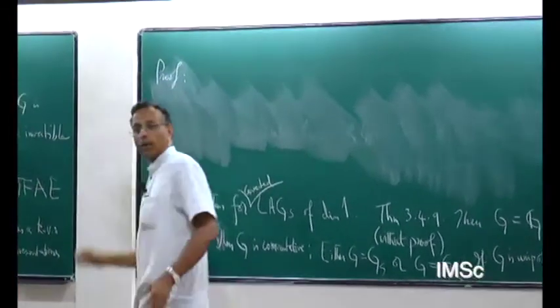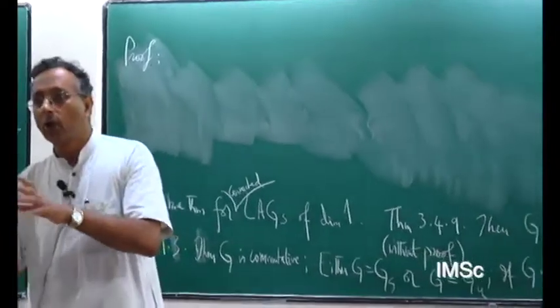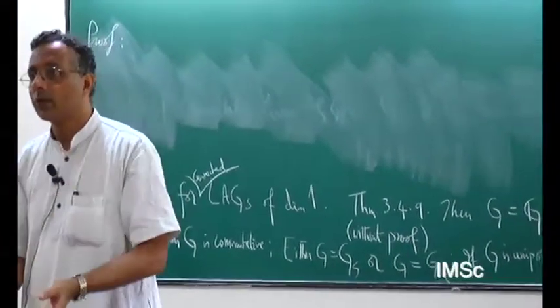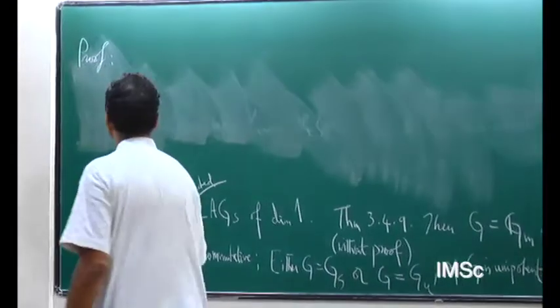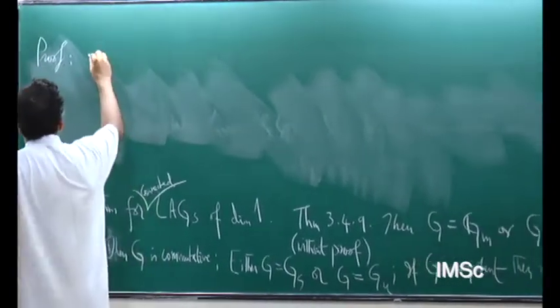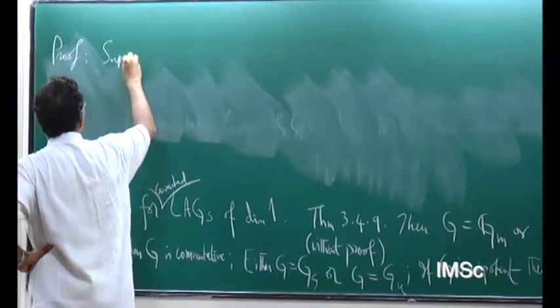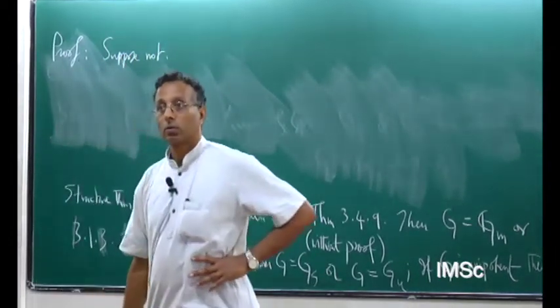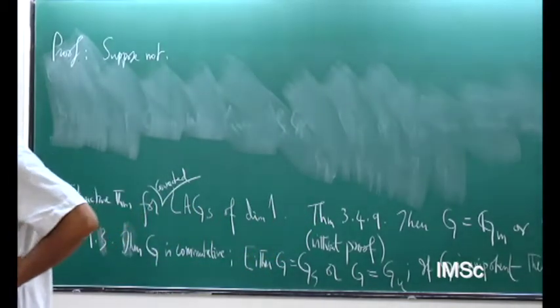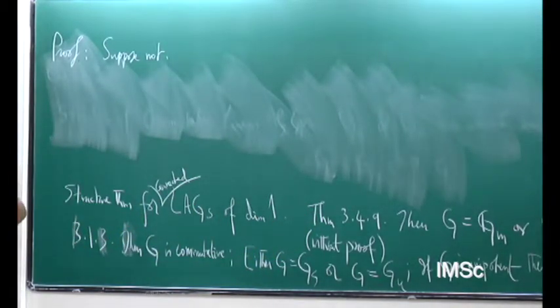I'm just doing it on the fly. It might not be the most efficient way to write it, but hopefully it will be a proof. So suppose not. Assume that there is a non-trivial linear dependence relation among the characters.